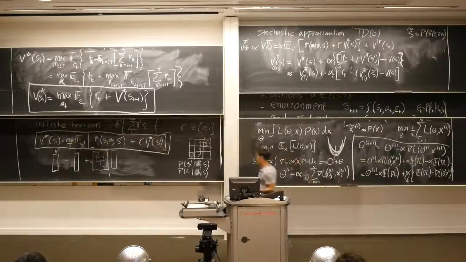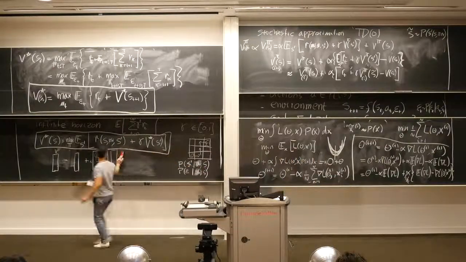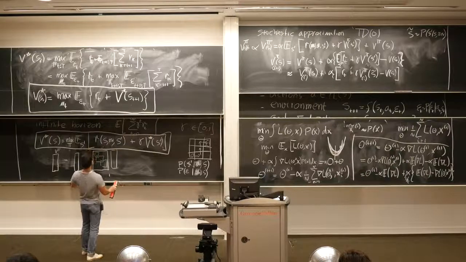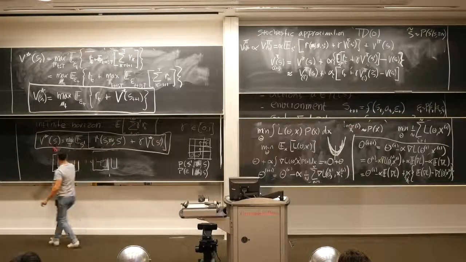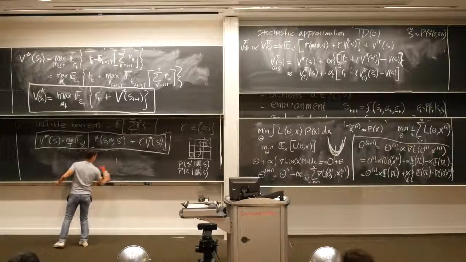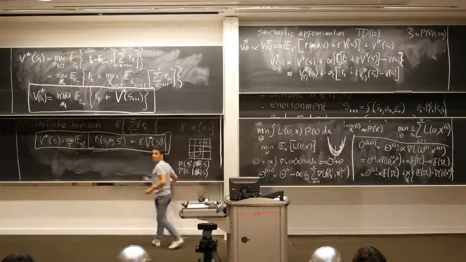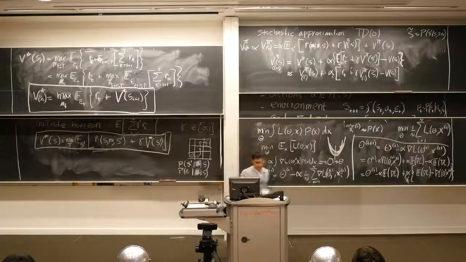Now I want to conclude with one last thing that we're missing, which is Q functions. I will soon run out of time, so I'm just going to state the main result.